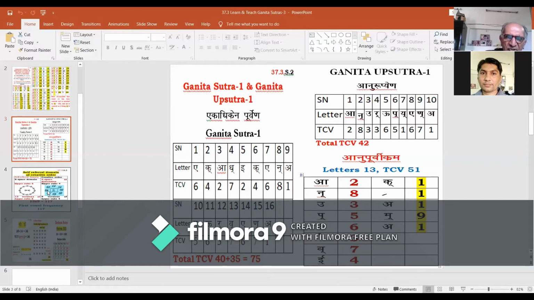Therefore, it is this rich feature of the mathematical domain of Ganita Sutras which deserves to be imbibed fully.